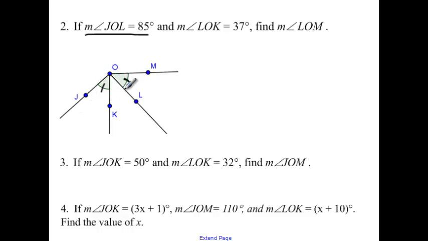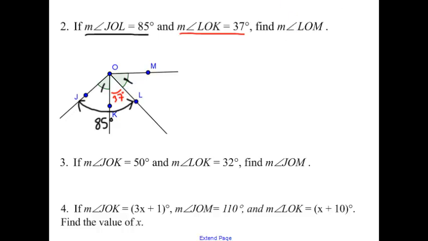Now, angle JOL comes out all the way across to here. So this entire angle is 85 degrees. We also are told that angle LOK, here in the middle, that portion's 37 degrees.